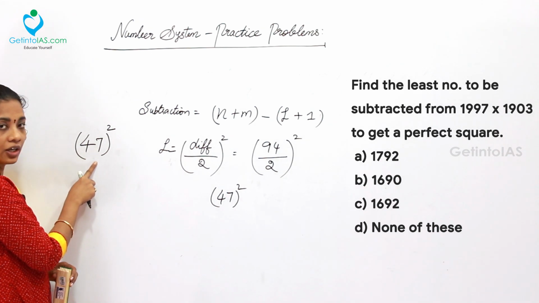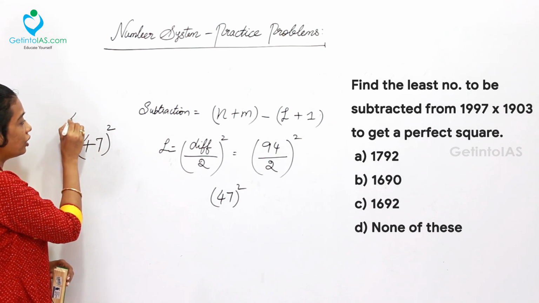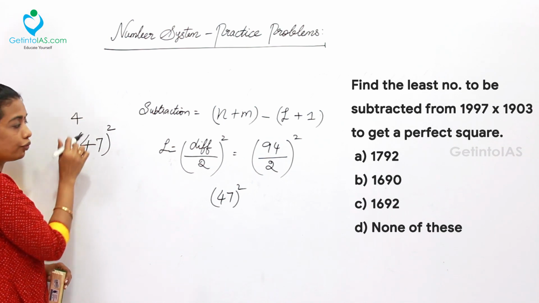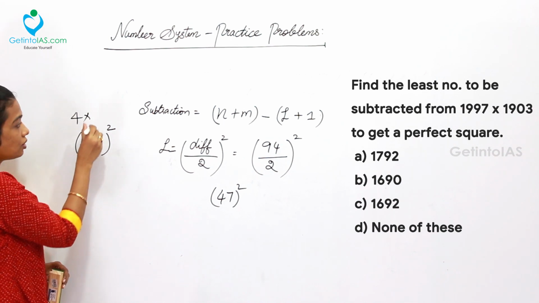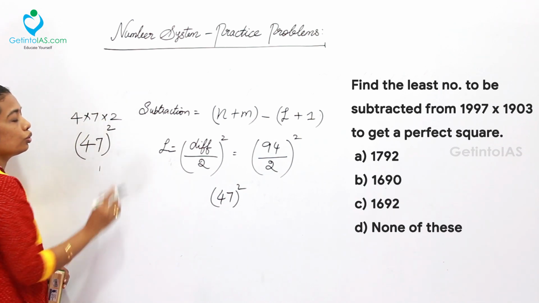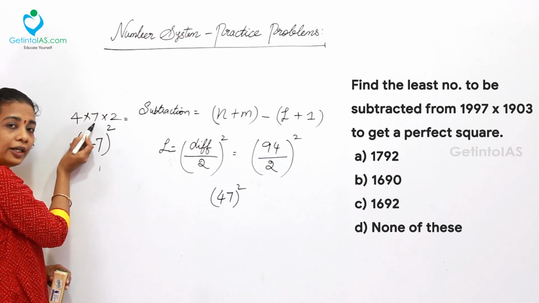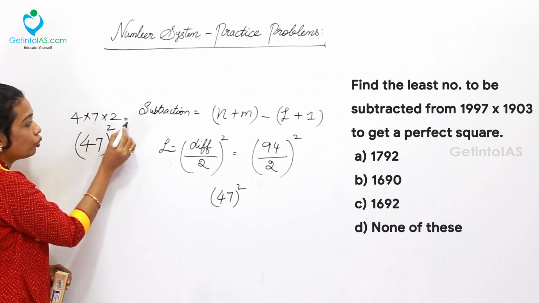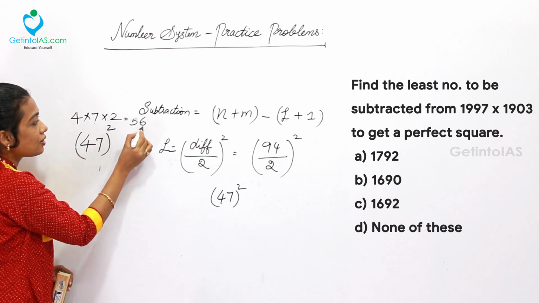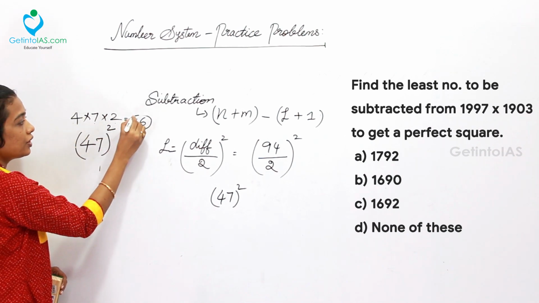So here we can take that 4 here, 7 here, above to that I am writing first number 4 into next number 7 into what is the power 2 into 2. What is the result? 4 into 7, 28. 28 into 2, 56. So here I got 4 into 7, 28 into 2, 56.